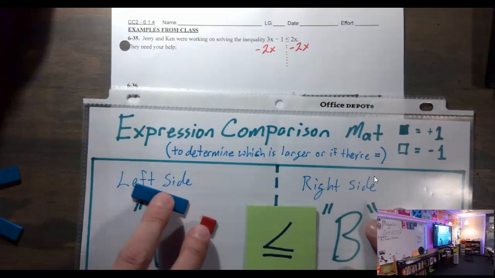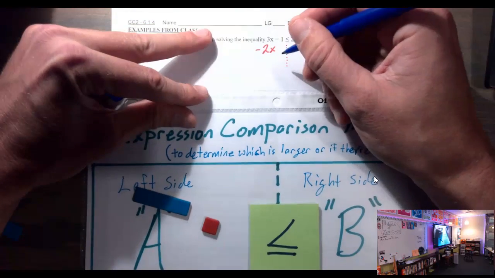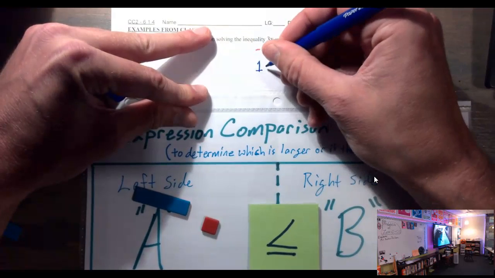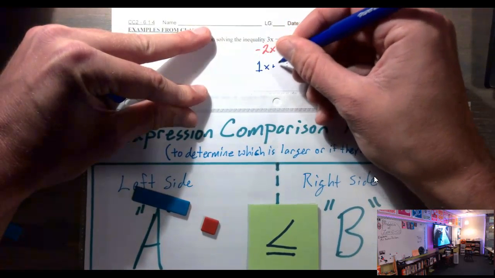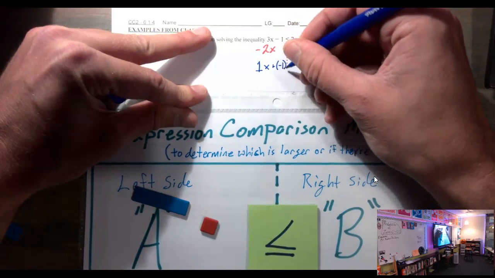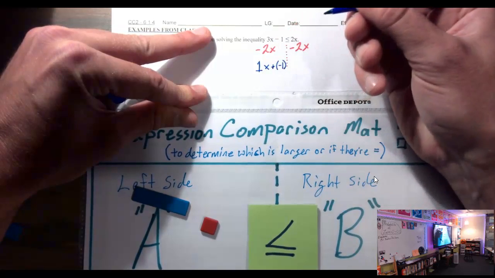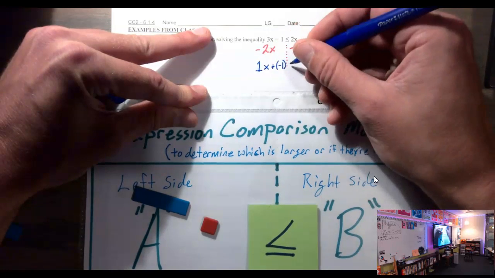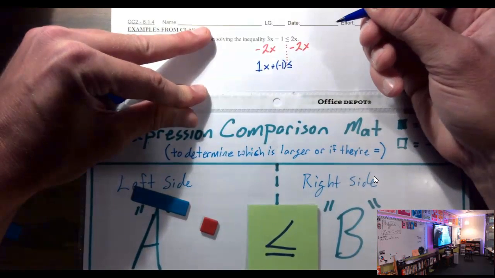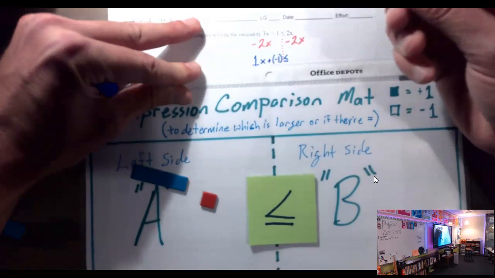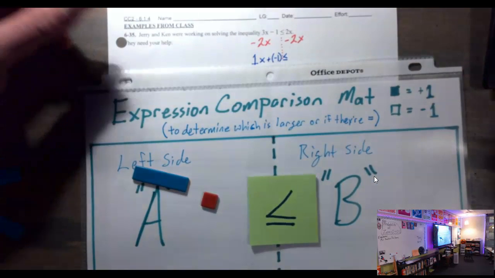What's on the left side? Negative 1 and 1x. 1x and negative 1 is less than or equal to, what do we have on the right side still? 0.